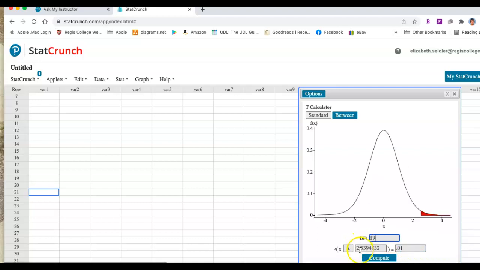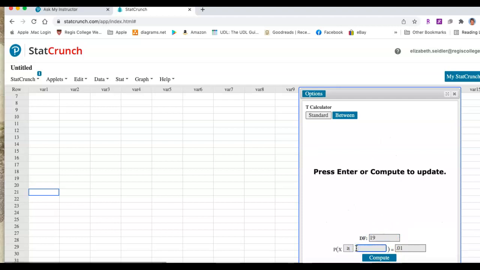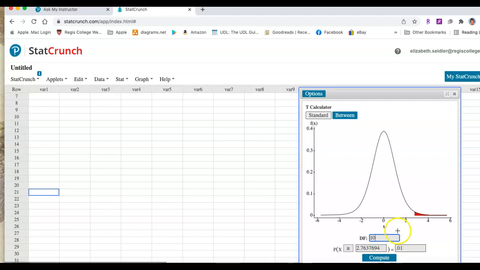I get 2.539, 2.54. Let's try this for 10, and it's 2.763.